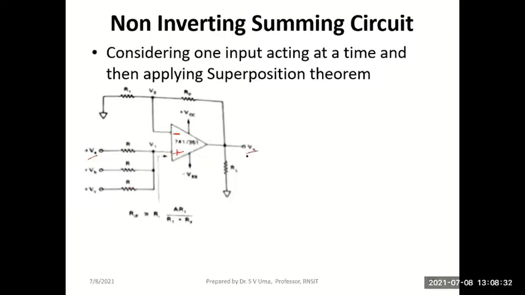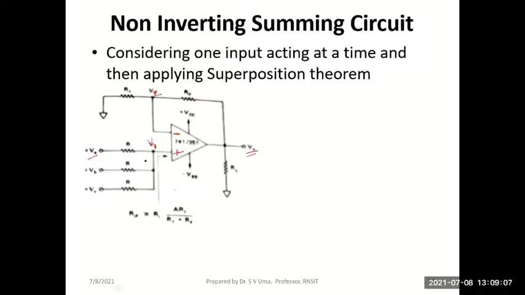Finding the expression for V0 will turn out to be much more difficult if I use 3 different resistors here. So I will use a common resistance R, where we will connect the 3 input voltages VA, VB and VC. And as usual in a non-inverting amplifier, we have negative feedback through this resistance RF, and R1 is grounded. Let me call this voltage as V2, this as V1.